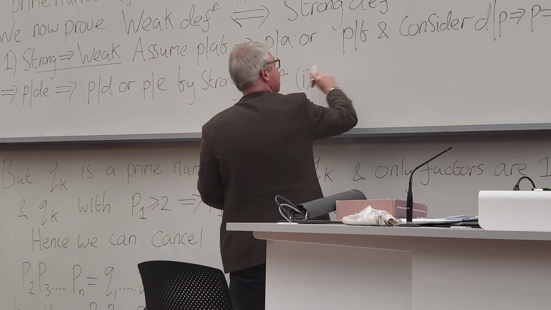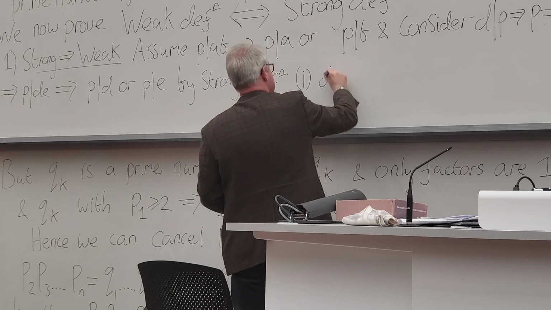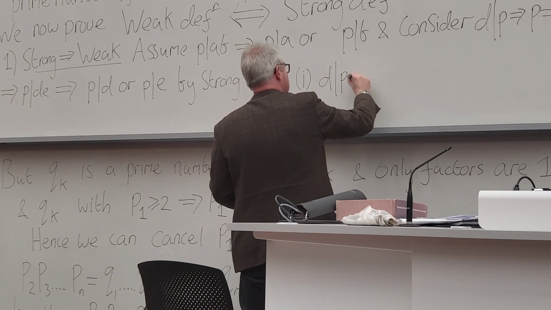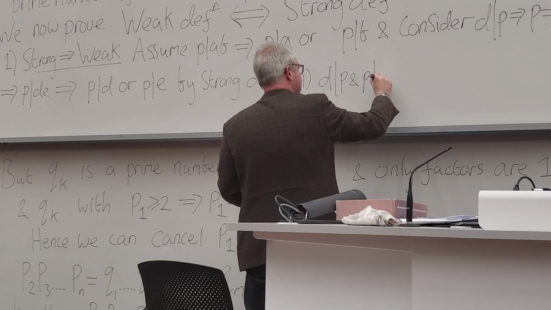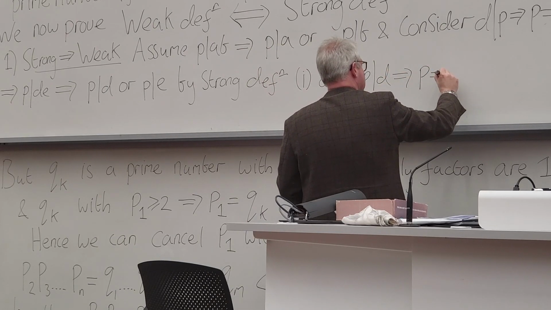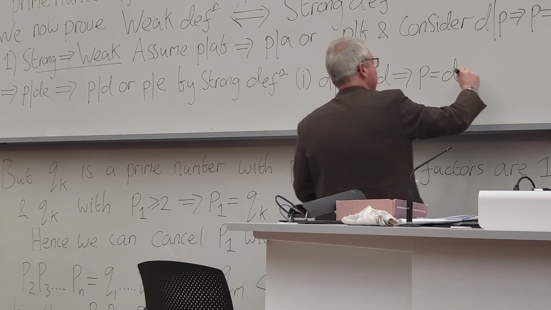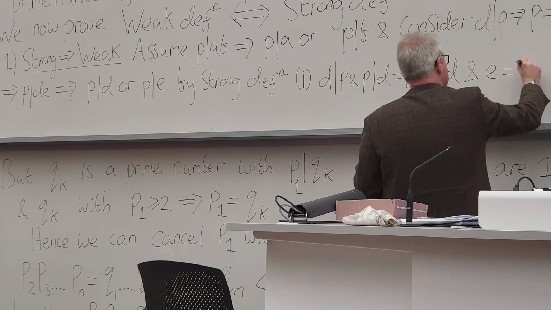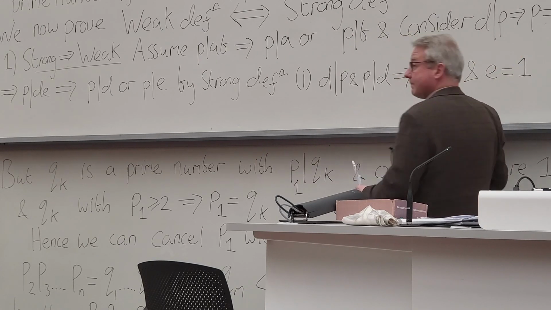Okay, so we started with d divides p. So d divides p and p divides d implies p equals d and e equals 1. So that was easy.